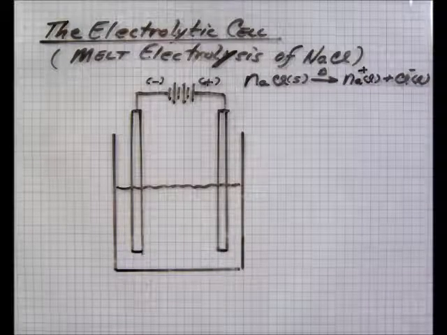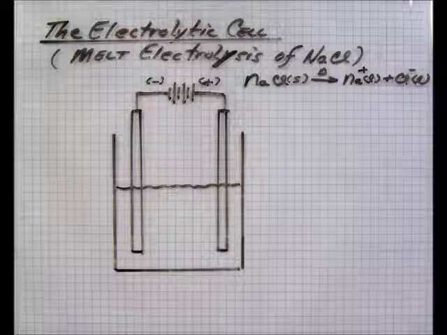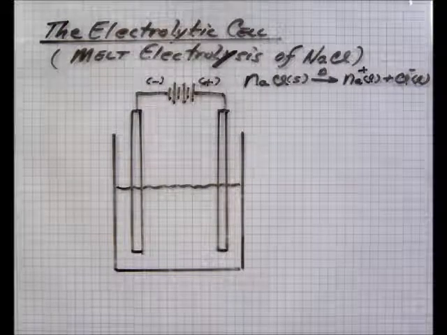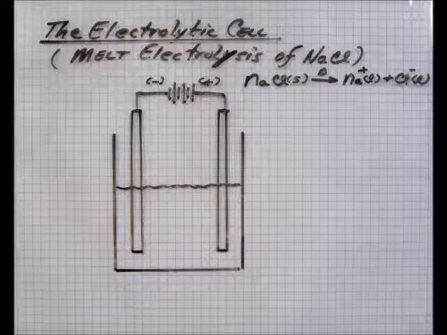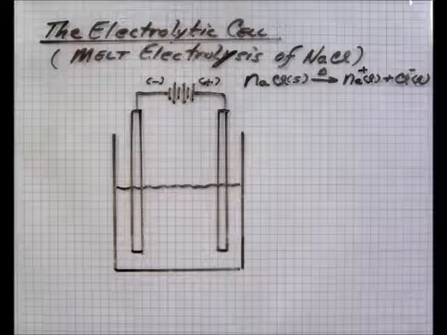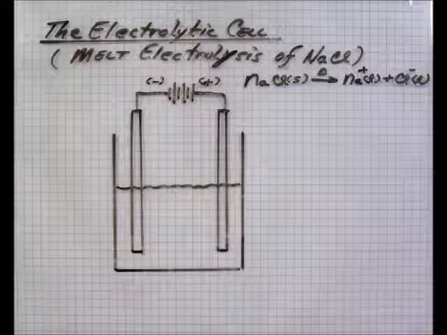Okay, first thing we need to do is look at the structure of the electrolytic cell. There are two kinds of electrolysis in general: melt electrolysis and aqueous electrolysis, which we'll look at shortly.